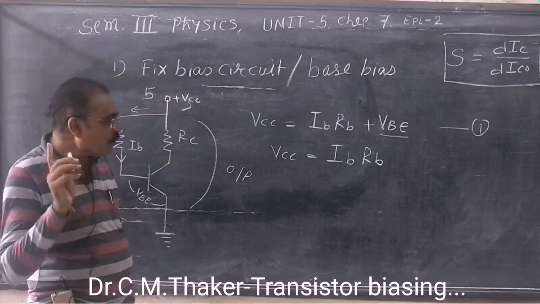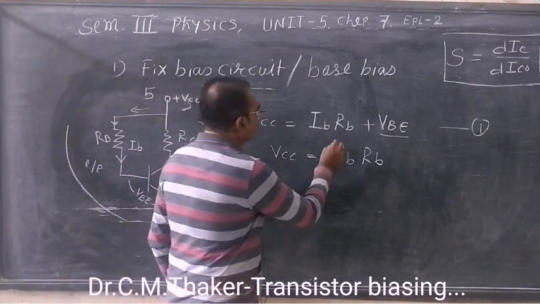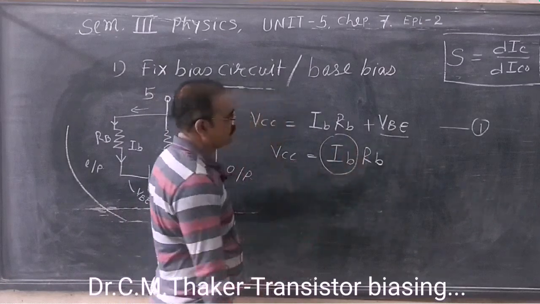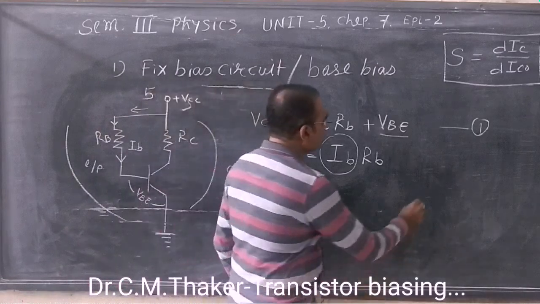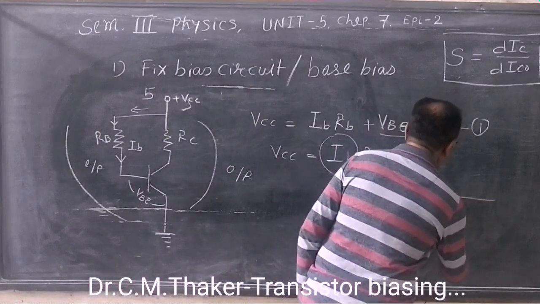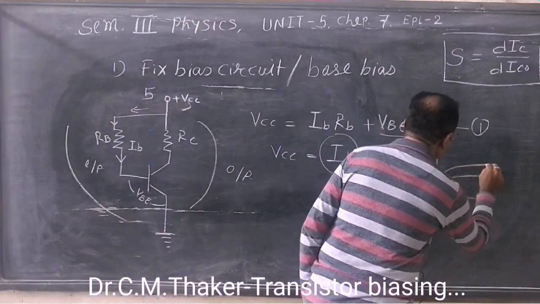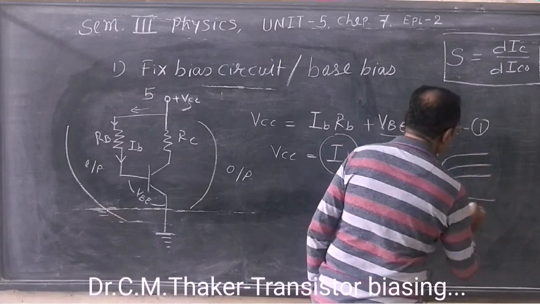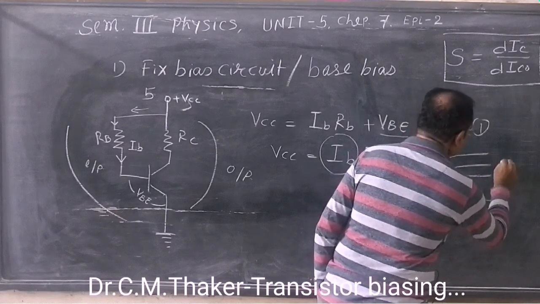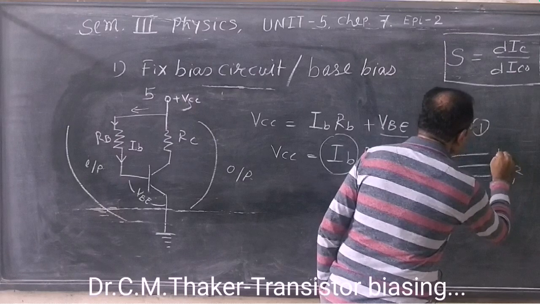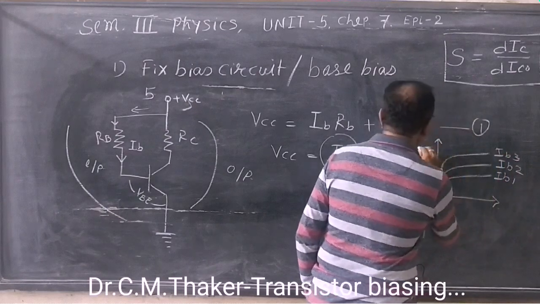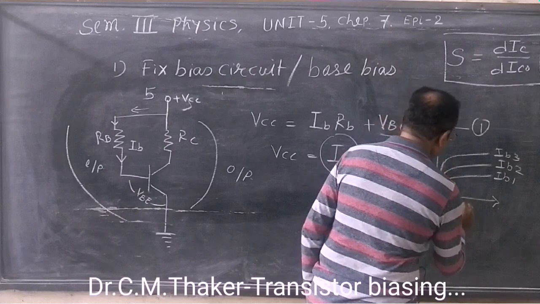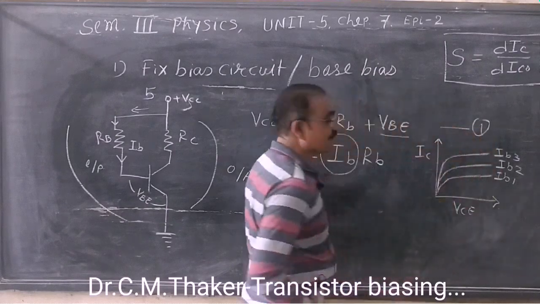Now you need IB to operate the circuit. How? See and remember the output characteristic. This is IB1, IB2, IB3. This is IC and this is VCE.